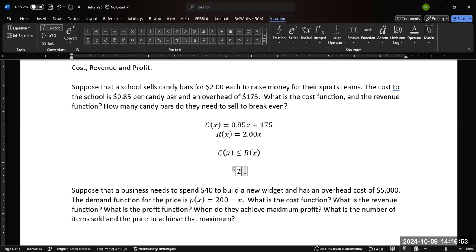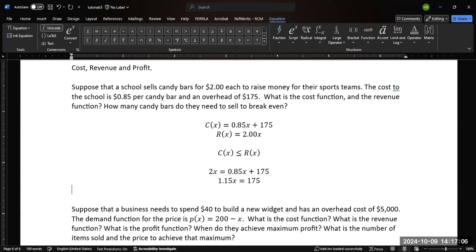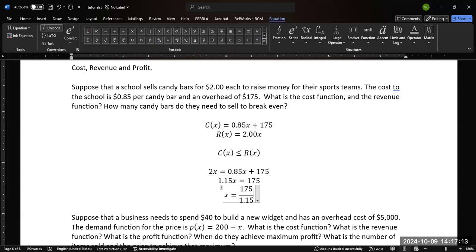So we've got 2x is equal to 0.85x plus 175. We're going to move the x over to the other side, and we're going to end up with 1.15x is equal to 175. And then we're going to divide 175 by 1.15 and see what we get.